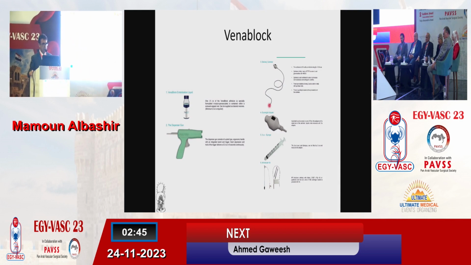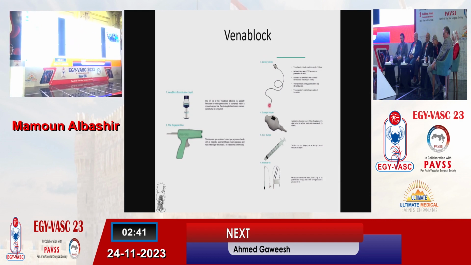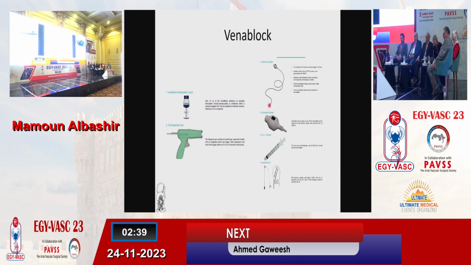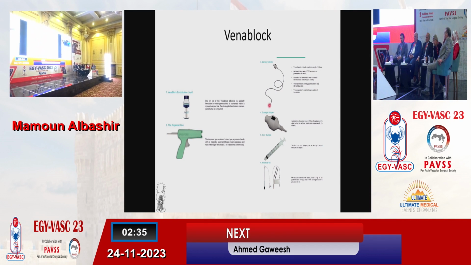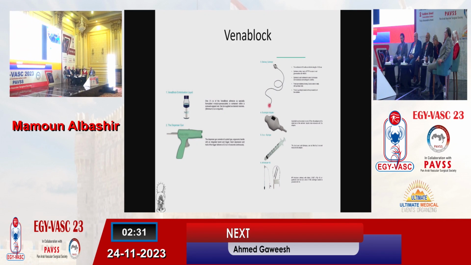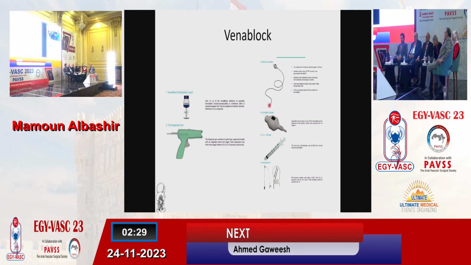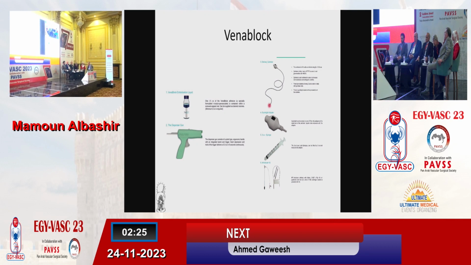We use the Turkish glue, and we've used 2 devices, the Vena Block and the Variclose. Most of these were done with the Vena Block. It's an excellent device, and it has advantages over the VenoSeal. There are mainly 3 of them. Price first, because we're in private practice and price matters.